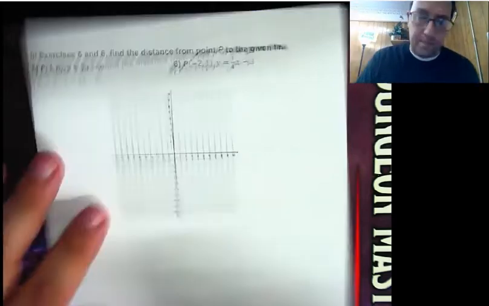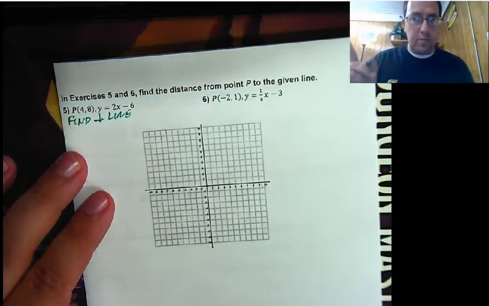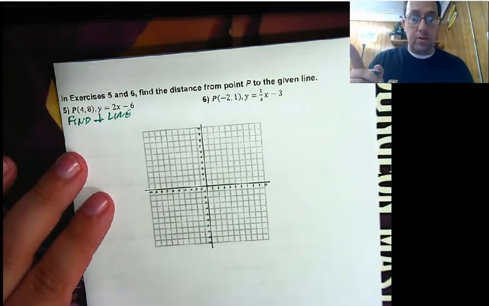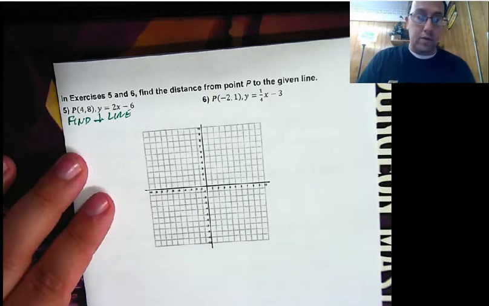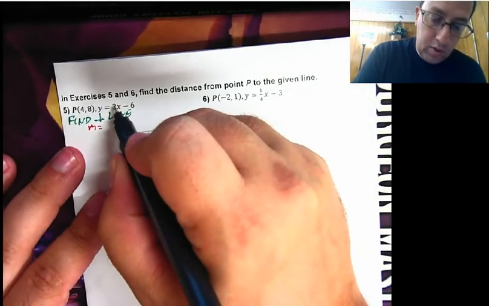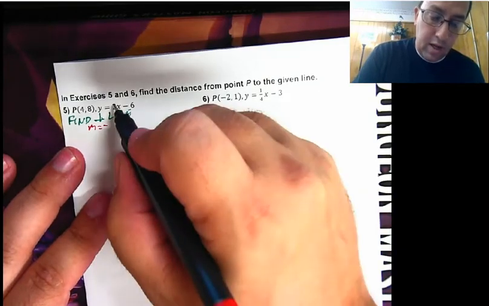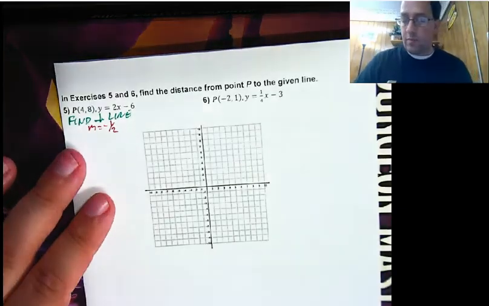So that's step 1. We need to find a perpendicular line. If it's perpendicular, remember, what is the slope? That's right. The slope is going to be the opposite reciprocal of the slope they gave us. This is positive, so I want a negative, and the reciprocal of 2 will be 1/2. So that's the slope I want.